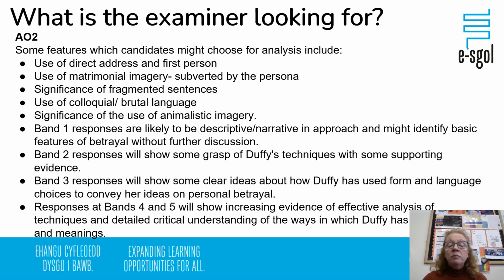And for band 4 and band 5, it says increasing evidence of effective analysis. So in other words, you're getting better at analysing how Duffy's shown it. And you've got a much more critical awareness of how that meaning is created through the techniques and the language that Duffy has used. It also gives you some suggestions there. So if you have tried this answer and you've written on the poem, those are some of the things you might be looking for in order to get a mark.